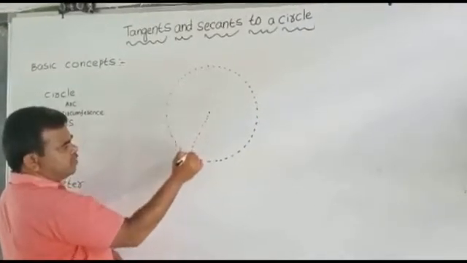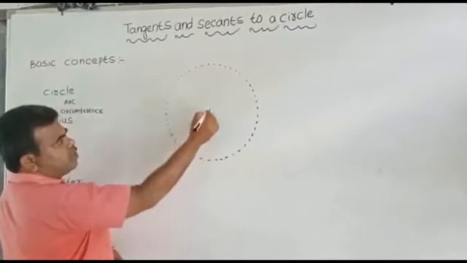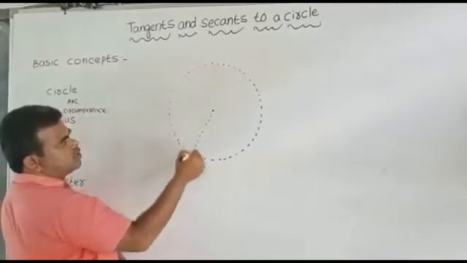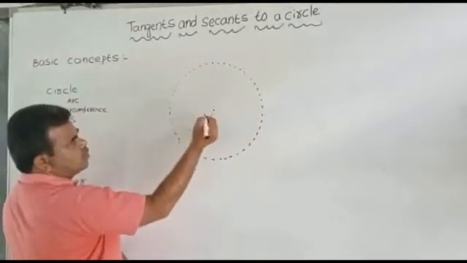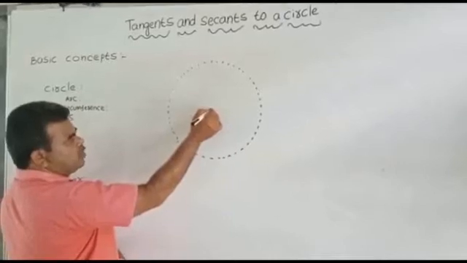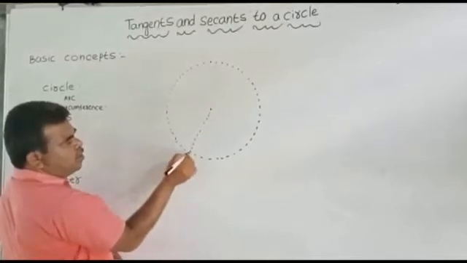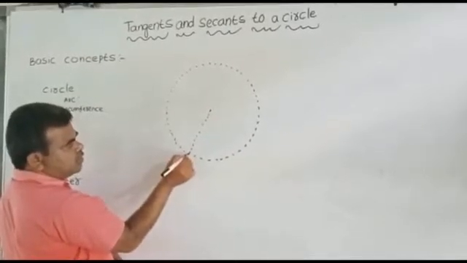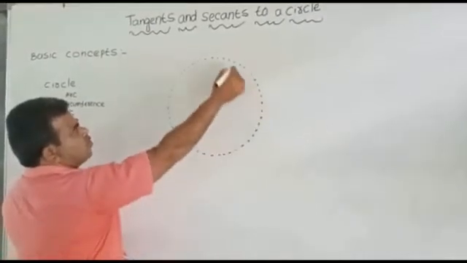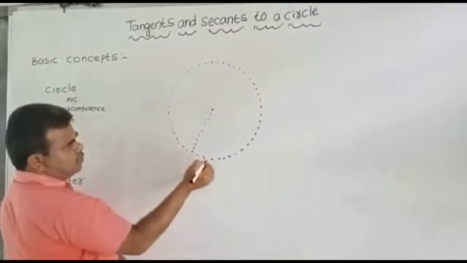It is known as a circle. That means from this fixed point to every point on this circle, the distance is the same.